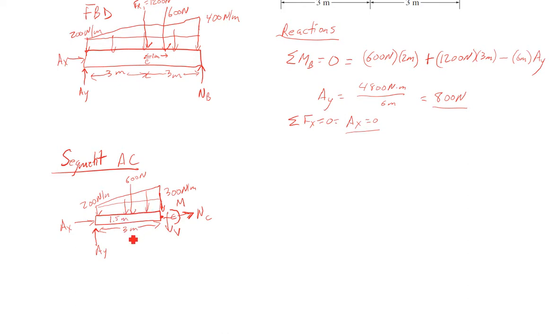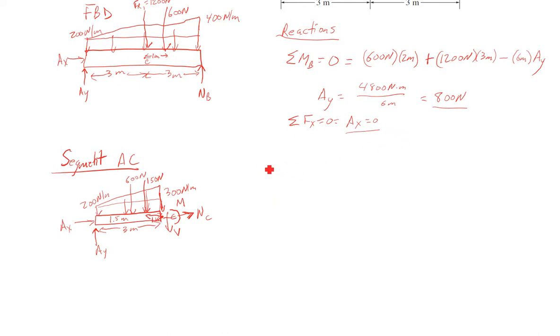So I'm going to have 1.5, half my base of 3, times my 100. So I get 150 newtons acting at 1 meter from C. There's my free body diagram for AC. I could have done AB. I'm going to stay with AC. It's a little easier. I've got that AX in here.